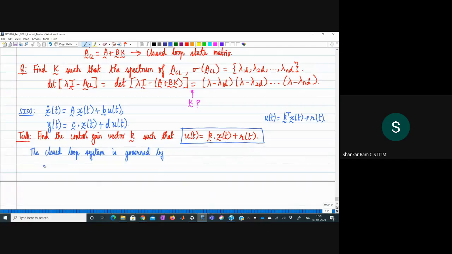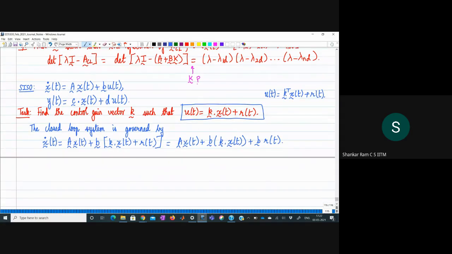It is going to be governed by x dot equal to A times x plus B times u, where u is now k dot x(t) plus r(t). Expanding this, we have A x(t) plus B times k dot x(t) plus B times r. So how do we process this?